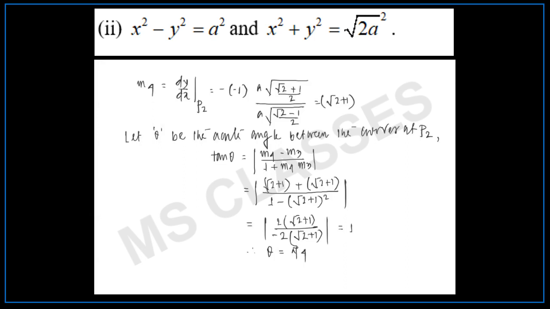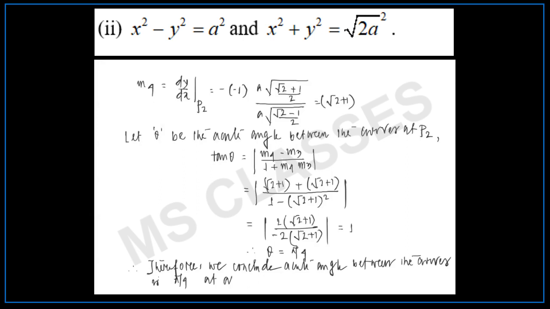Therefore, we conclude that the acute angle between the curves is pi by 4 at all the 4 points of intersection.